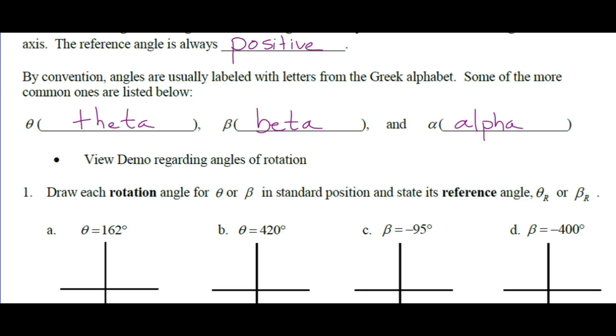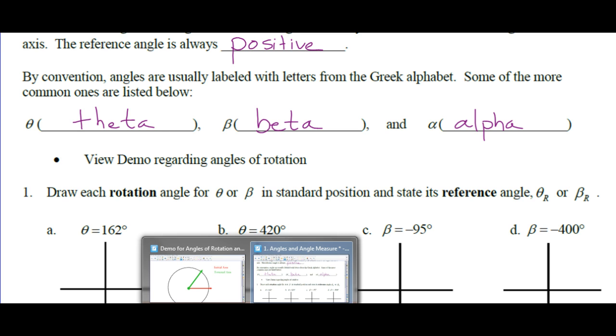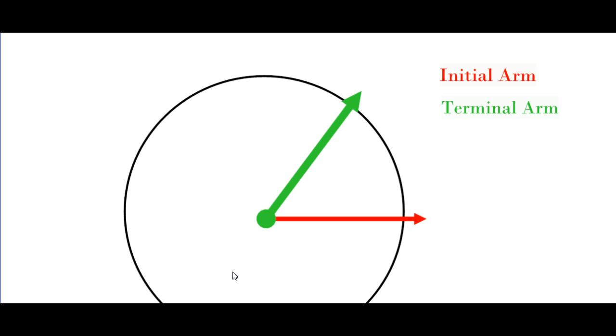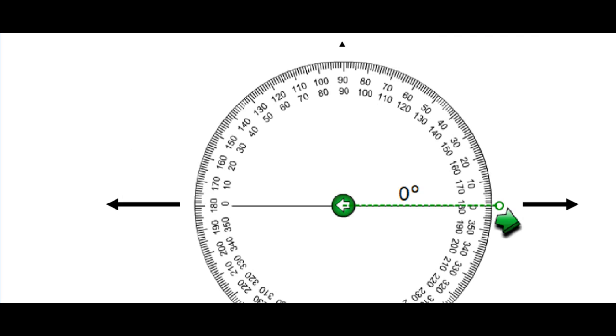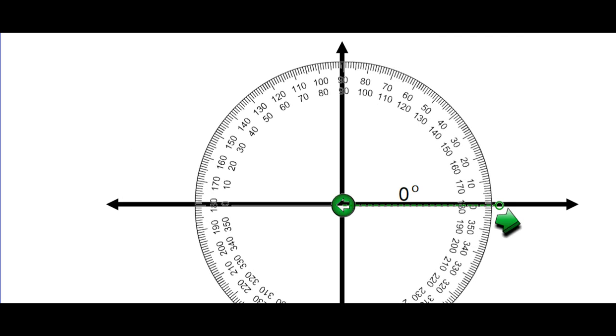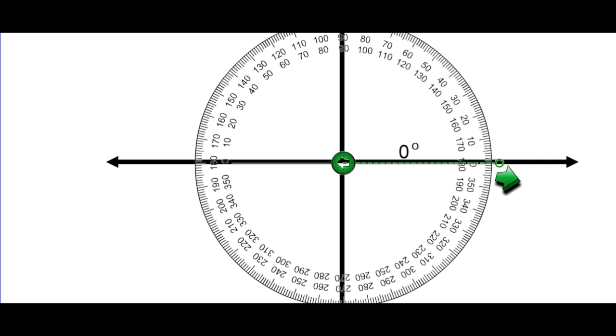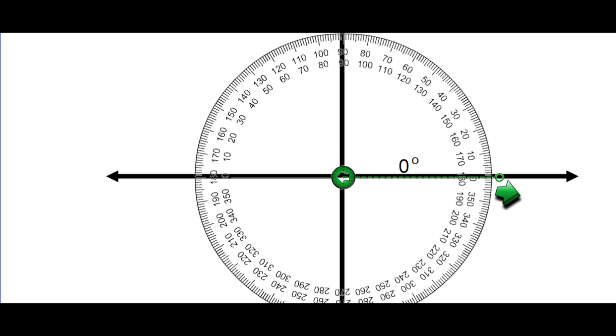View demo regarding angles of rotation. The initial arm runs along the positive x-axis. The terminal arm does not. The terminal arm is where you've rotated to. Here it's in degrees, so 0 degrees. This is of course different from a navigational protractor, where 0 degrees is at the top and the rotation goes clockwise as positive.